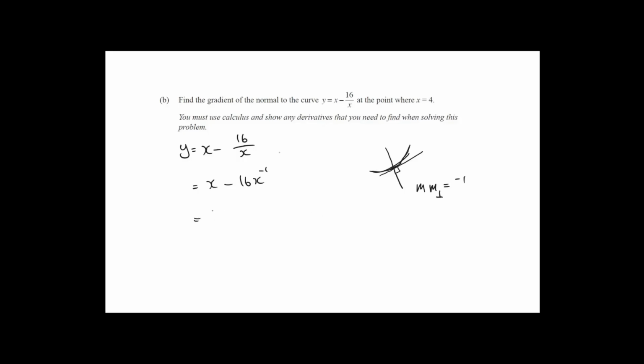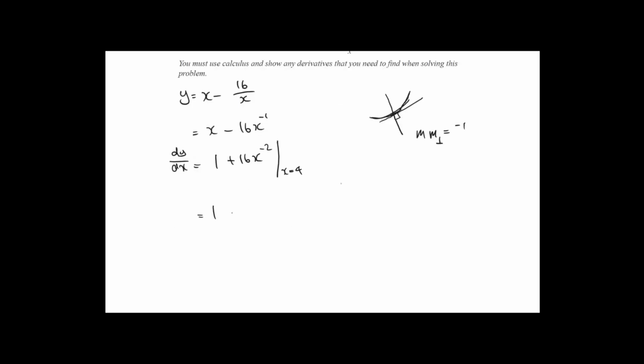So dy dx of x is 1, and then minus 1 times minus 16 is positive 16x, and then we lose 1. So we've got dy dx. So now we need to evaluate that where x equals 4.